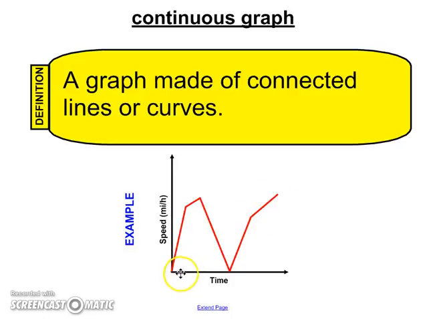And the reason why it's continuous, and why we would, so to speak, connect the dots from time to time, is because the speed in this case is happening throughout. It's changing, it's moving, it's going up and down. But the speed is always occurring.